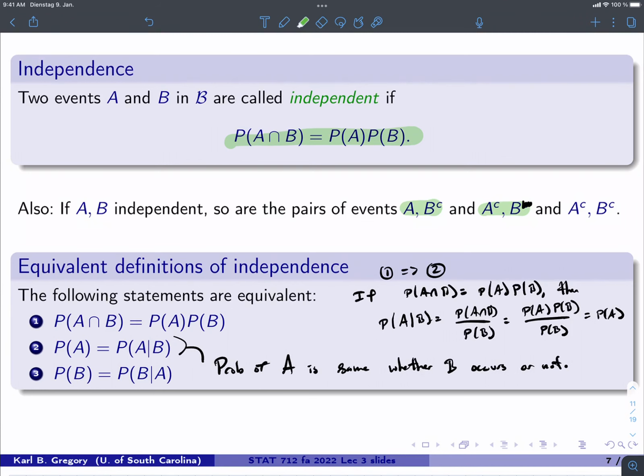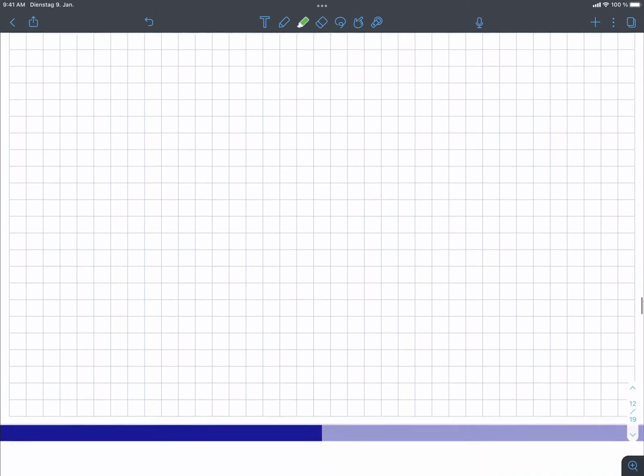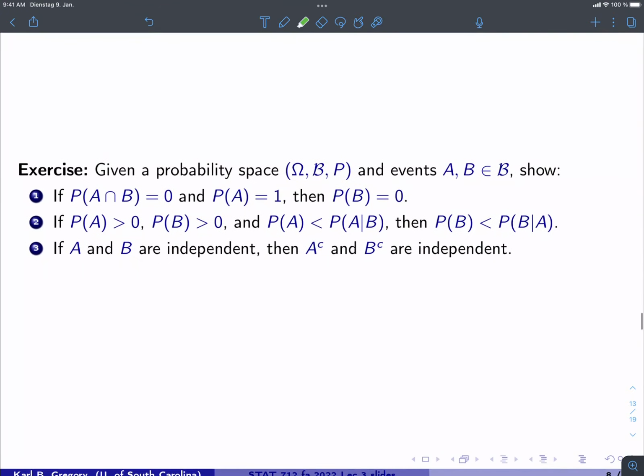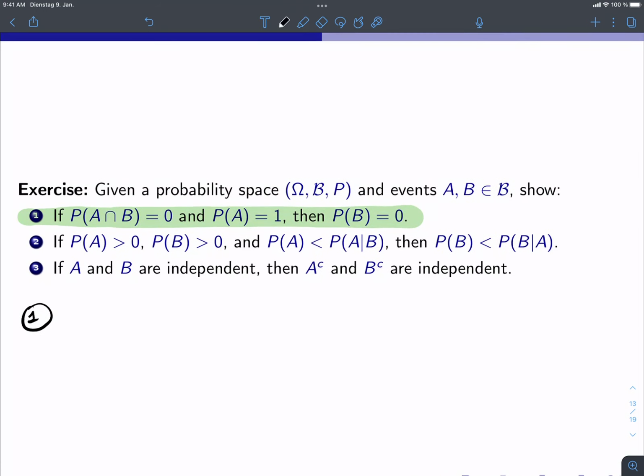Okay. So let's play a little bit with independence. Here's just a few properties we might be interested in establishing. I'm just going to go through the first one. This is just like a result we can show using the definition of independence.